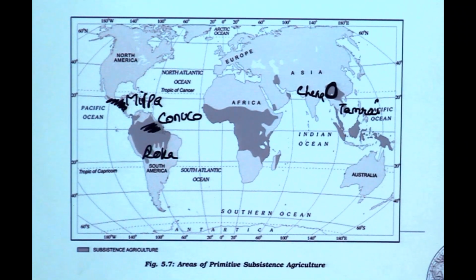So the area of primitive, the entire belt in Africa. The area that we take, Democratic Republic of Congo, we have understood it.